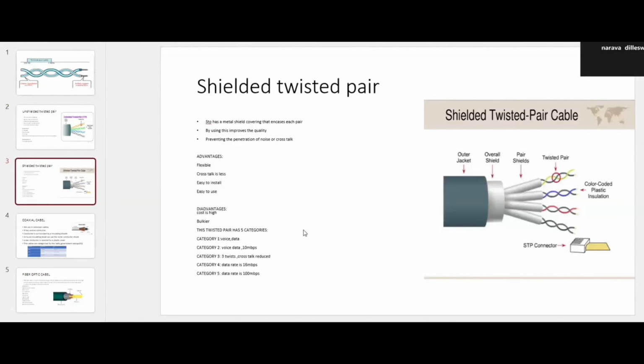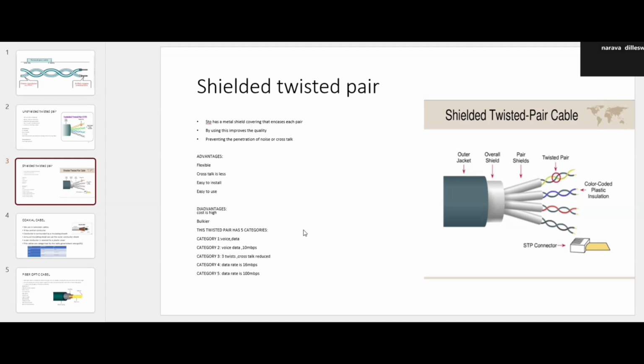Shielded twisted pair. In this, the only extra thing we are using is a shield; except for that, everything is the same as UTP. This metallic shield is used on the insulated conductor. Why do we have to use it on insulated conductors? Because the metallic shield should not disturb the conductors.